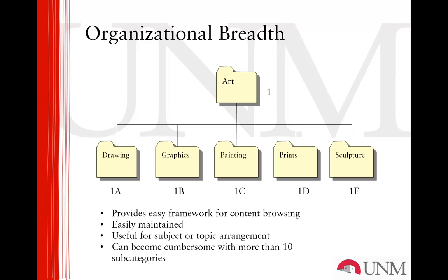This is actually a concept that's borrowed from library cataloging, in that classification systems for books and print materials often have to consider depth versus breadth of classification. What that means is that basically we need to determine the balance between how broad our organizational scheme is and then how deep it goes.